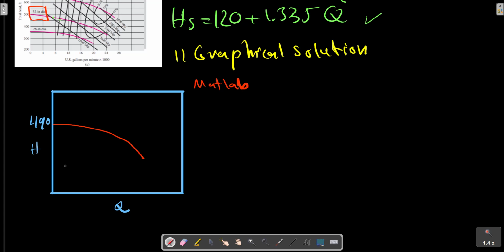At Q equals 0 we have HS equals 120. With plotting it in the same diagram, we can obtain the operating point at the intersection of two relations. This is HS, this is H pump.